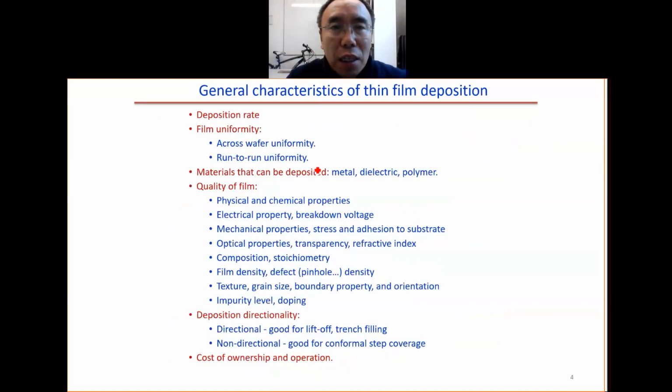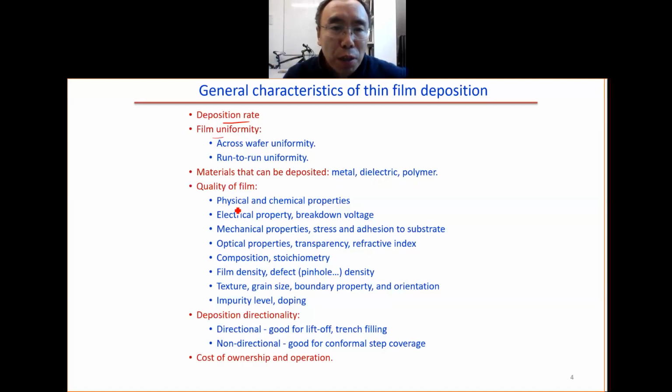So here are the characteristics of thin film deposition. First, deposition rate. Usually we want a faster deposition rate. Then the film uniformity across the wafer or from wafer to wafer. Materials that can be deposited include metal, dielectric, or polymer.